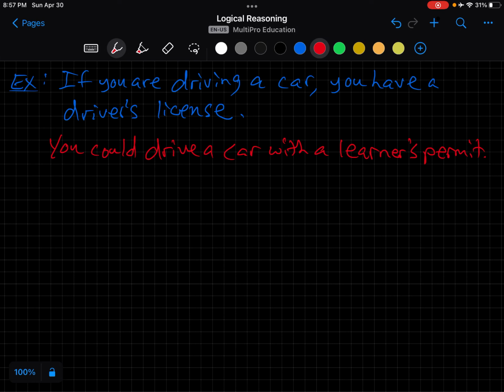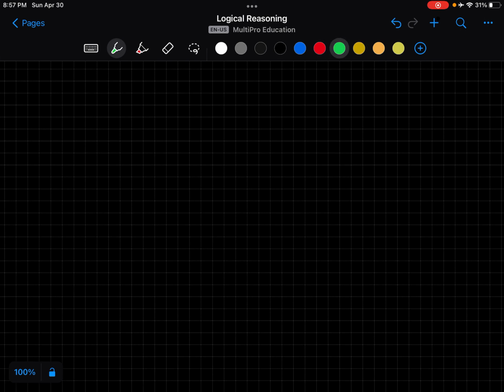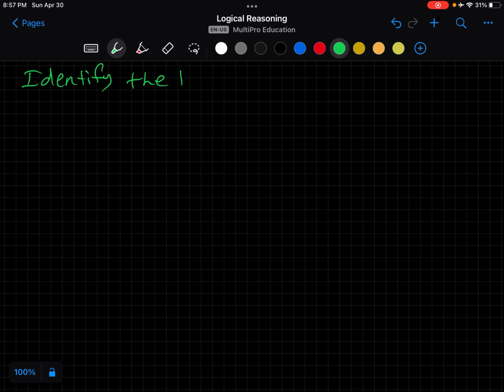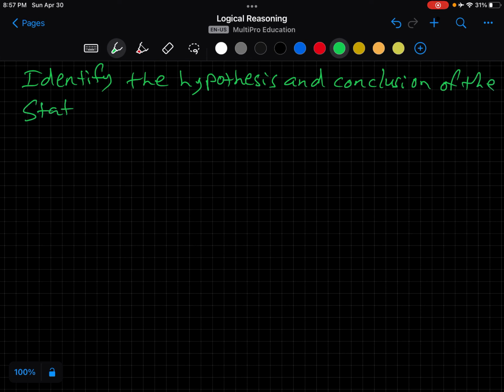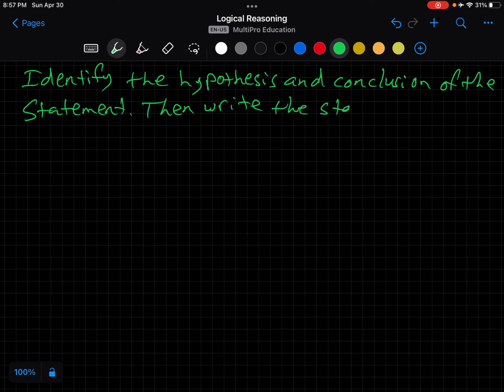All right, let's look at some problems. All right, so we want to identify the hypothesis and conclusion of the statement, then write the statement in if-then form.